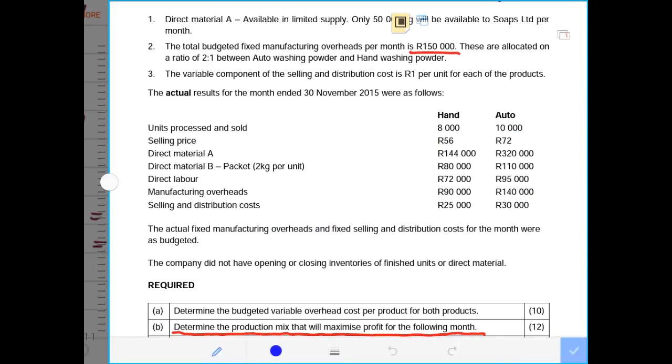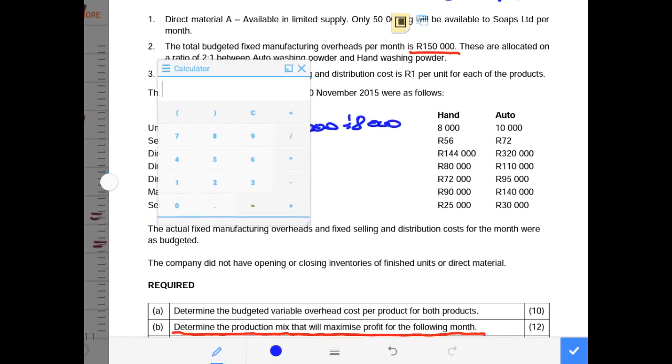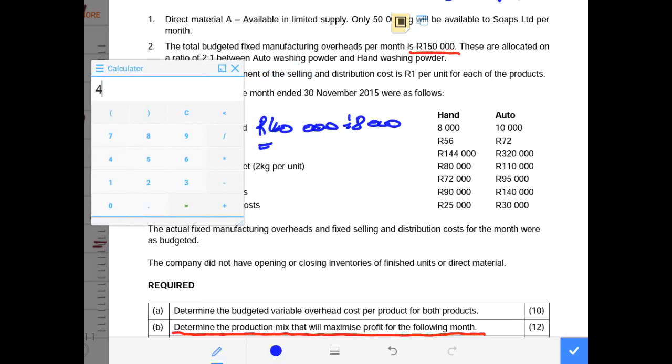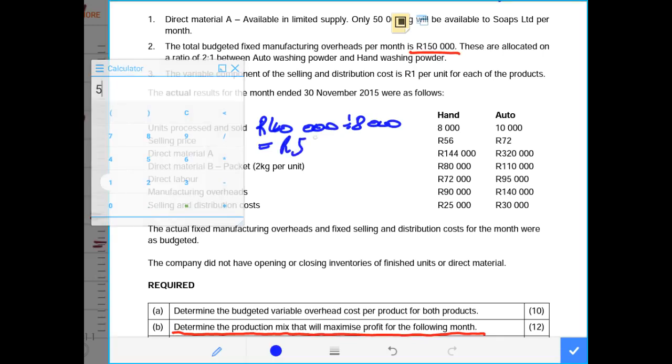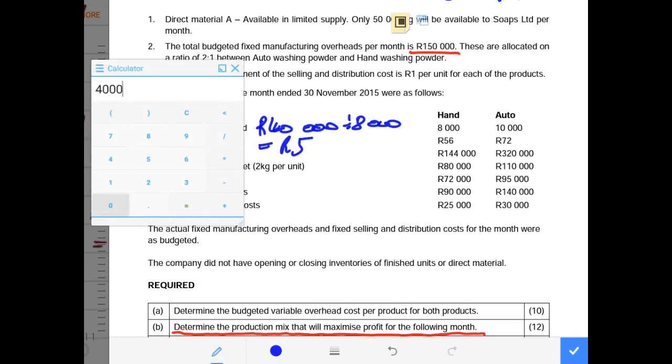We would have said our variable cost is 40,000, so it would have been 40,000 divided by 8,000 units for the hand washing powder. The cost per unit would have been 5 rand for the hand. The second one was still 40,000 divided by 10,000.